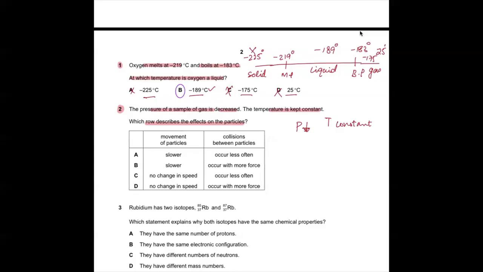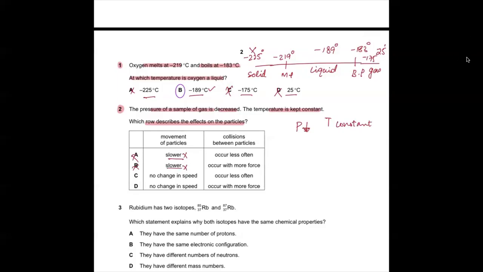We are not changing the temperature, so the particles are going to move at the same speed. So the options mentioning slower movement, A and B, go wrong.